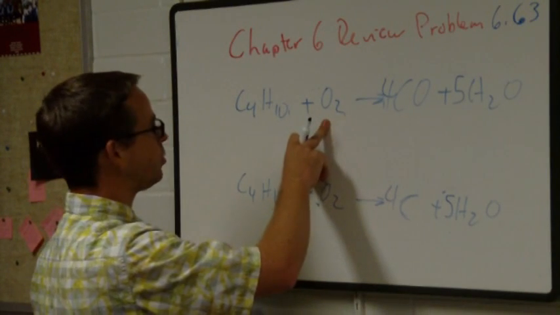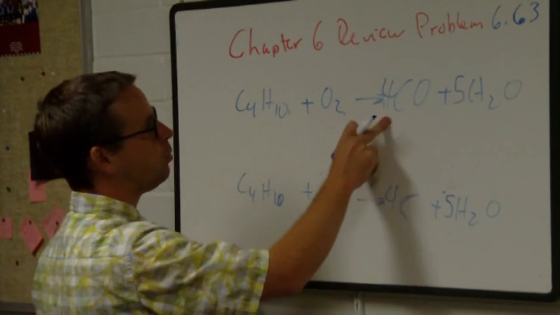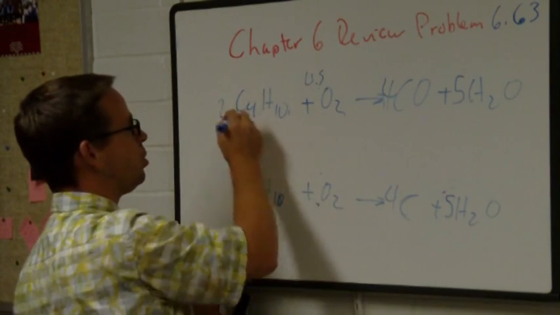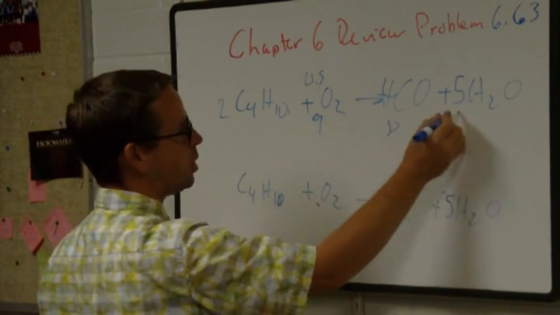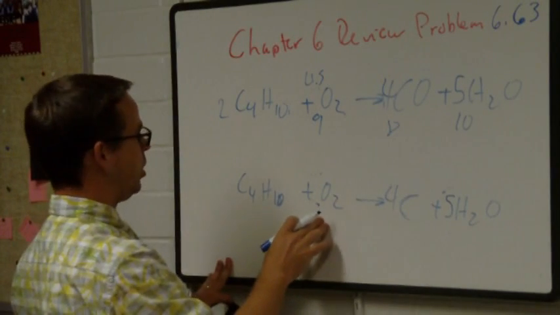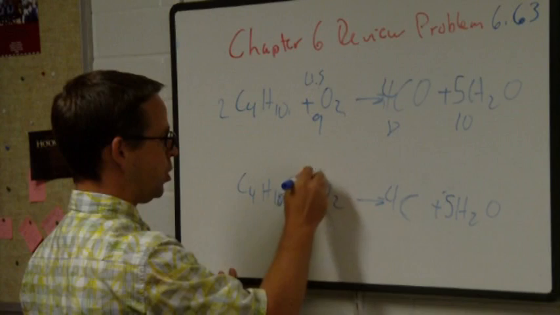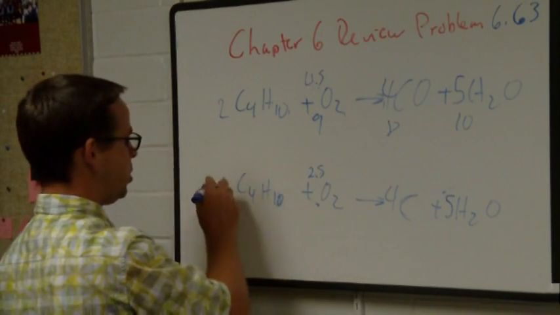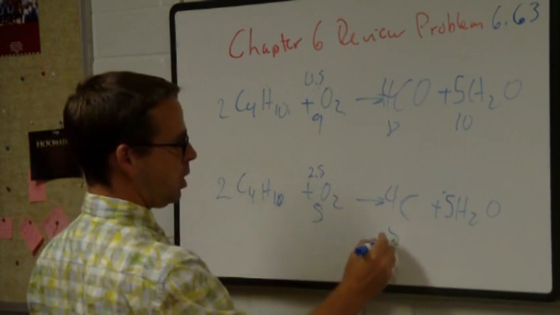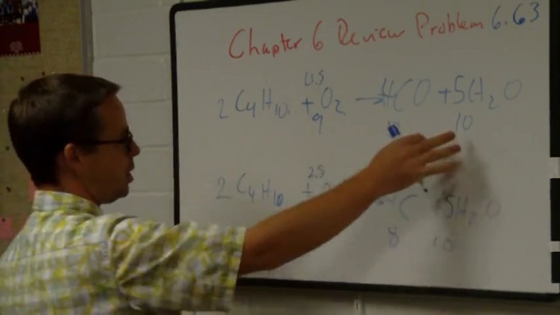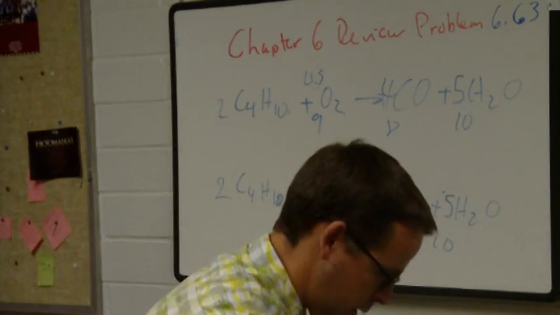Oxygen, we need 4 plus 5 is 9, 4.5, so we multiply this by 2: 2, 9, 8, 10. This one here we need just 5, so this is going to be 2.5, multiply it by 2: 2, 5, 8, and 10. Okay, so it's 2, 9, 8, 10, 2, 5, 8, 10.